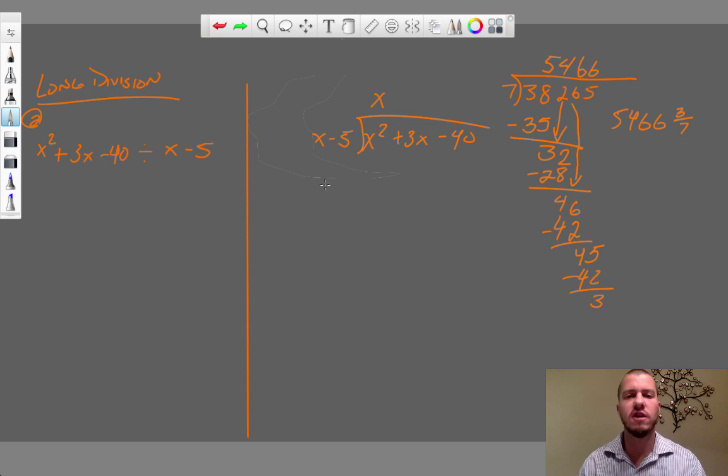Okay, let me move it over some. Because what I need to do now is multiply this x back through, just like we did when I multiplied this 5 with the 7 to get 35. I'm doing x times x minus 5, and that's going to become x squared minus 5x.